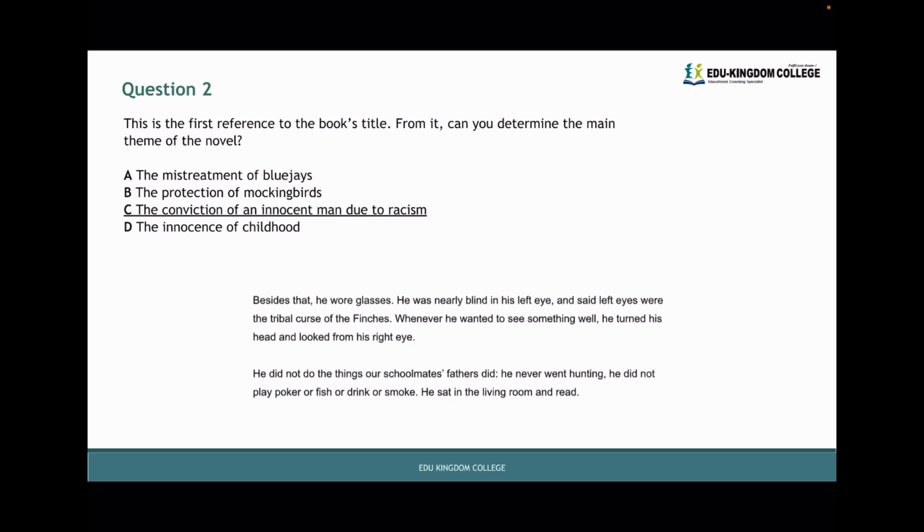So C would be a suitable answer in this case rather than D, because we don't have enough information about the childhood. But we do have an idea of how racism might work in society and how unfair and unjust it is. So that is why C is the best option.